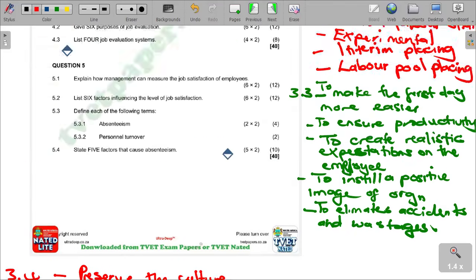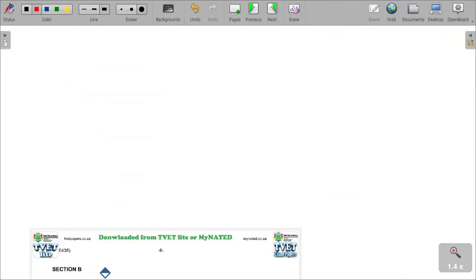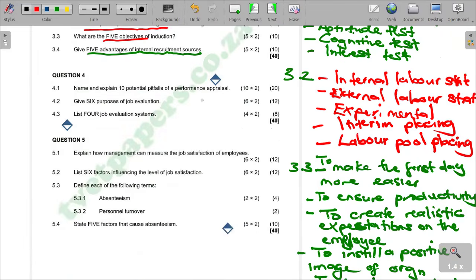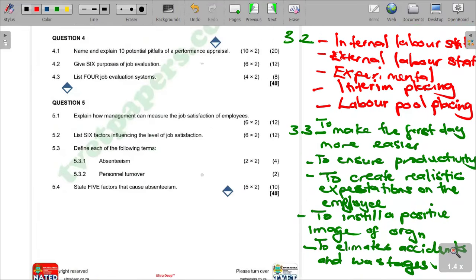Let's go to question 4. 4.1. Name and explain 10 potential pitfalls of a performance appraisal.